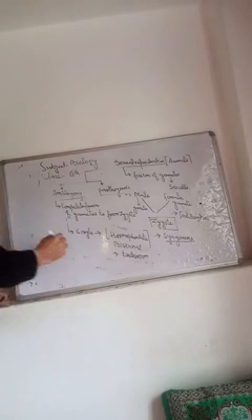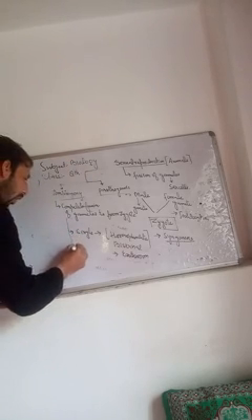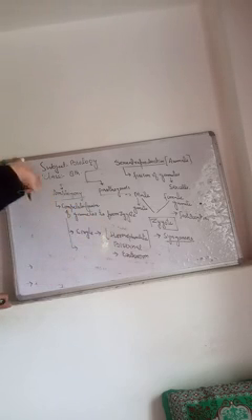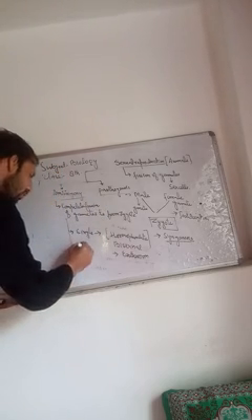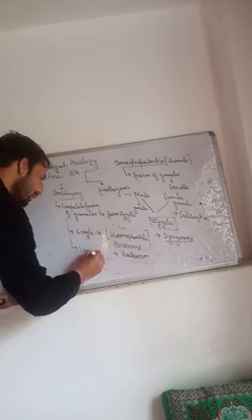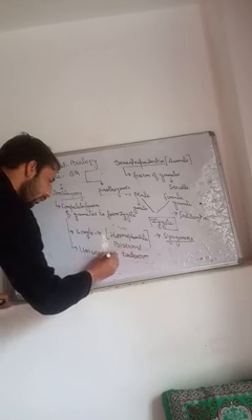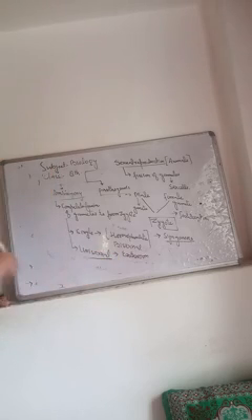Then it's to be called, if a male can produce the male gamete only and the female can produce the female gamete only, if such a condition arises, that time the organism is to be called unisexual.